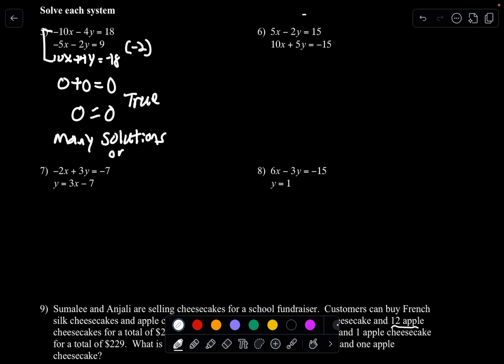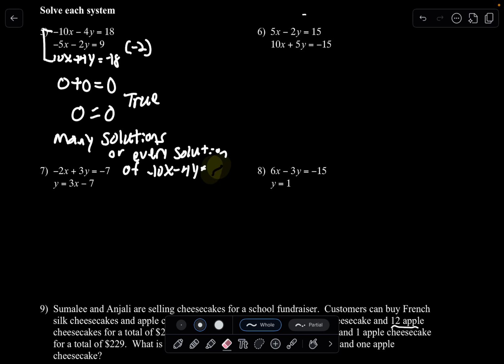Or you could be technical and say every solution of -10x minus 4y equals 18, not -18, that would defeat it, is a solution of the bottom equation, -5x minus 2y equals 9.